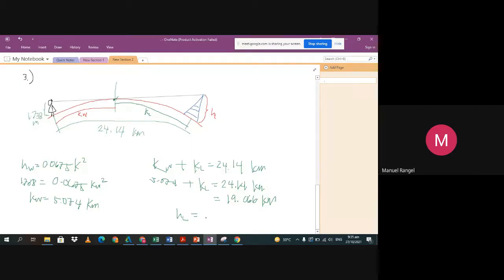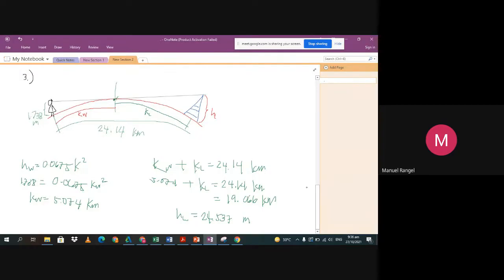That is equals to 24.537 meters. Okay, so that is the height of the lighthouse above sea level.